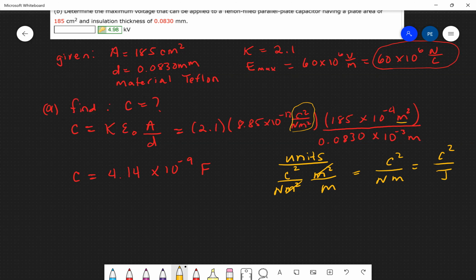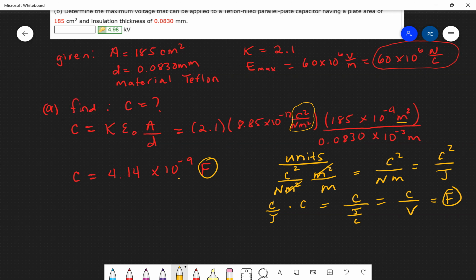And so now we have a coulomb squared per joule, which is a coulomb divided by a joule per coulomb. A joule per coulomb, remember, is a volt, and a coulomb per volt is a farad. So that's where that farad comes from.